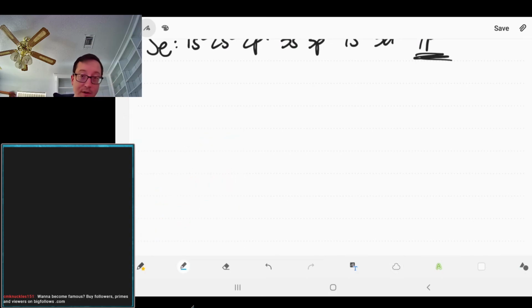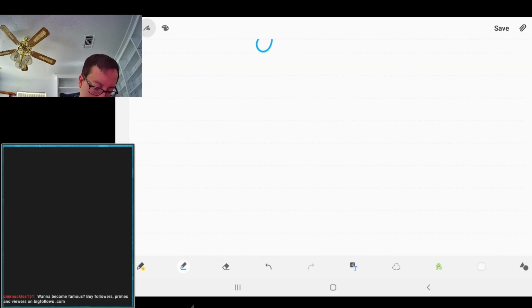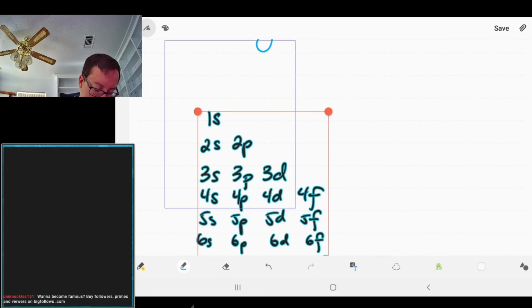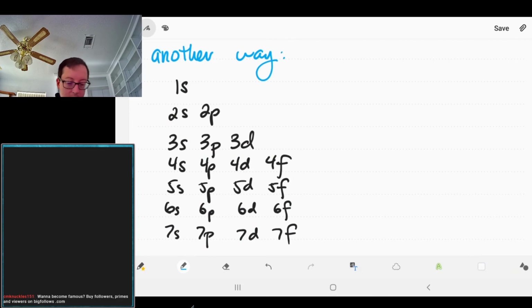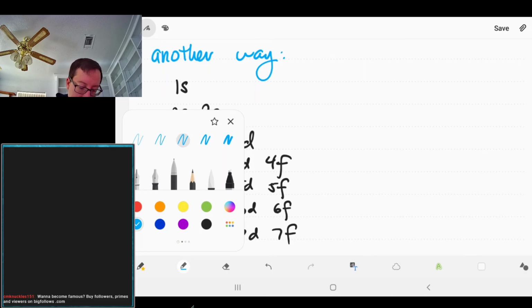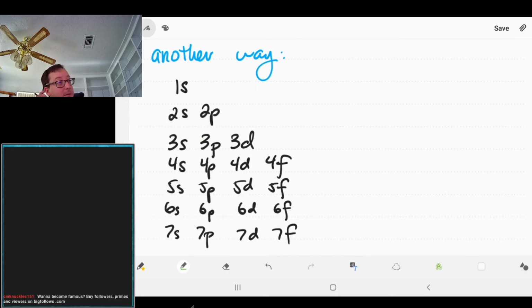So if you don't want to use the periodic table, if that method doesn't work for you, which it might not, if you copy this, we're going to see that understanding the number of orbitals that we have of each type, or all the subshells, sorry, will tell us how to do it.